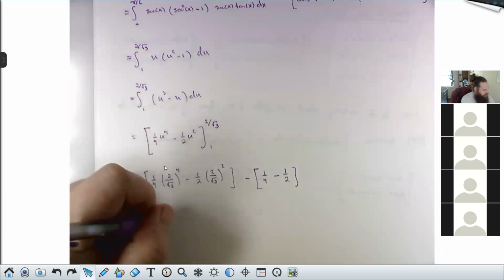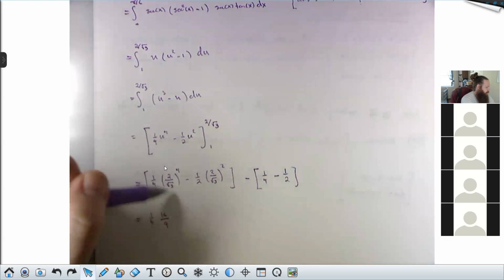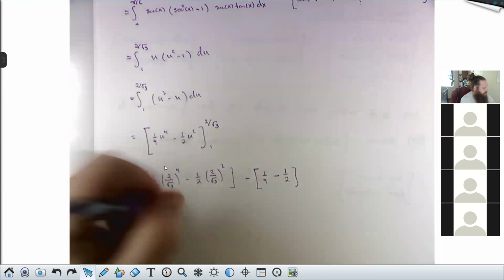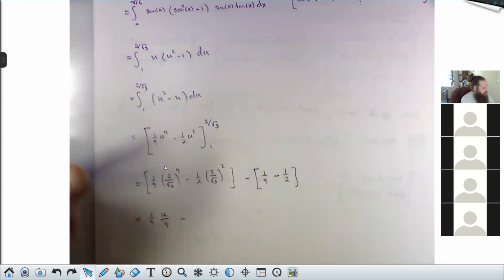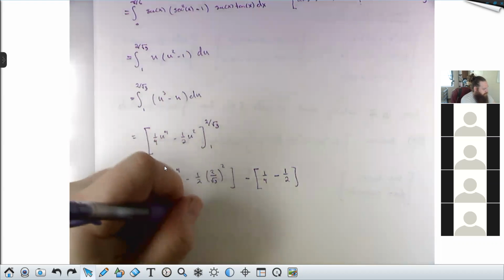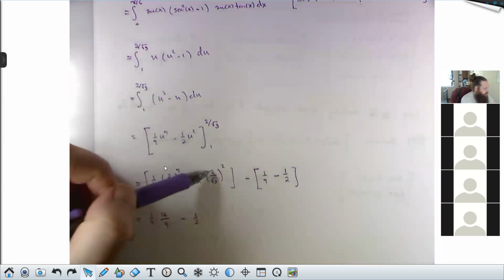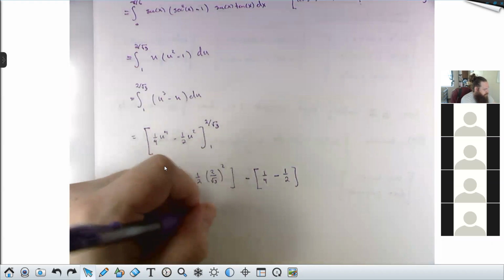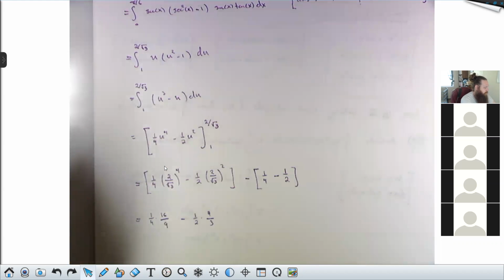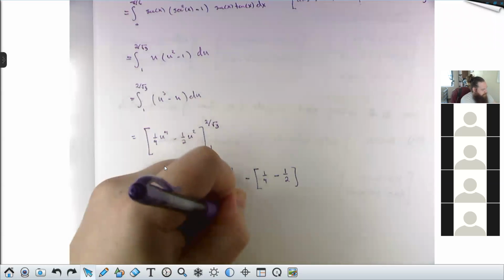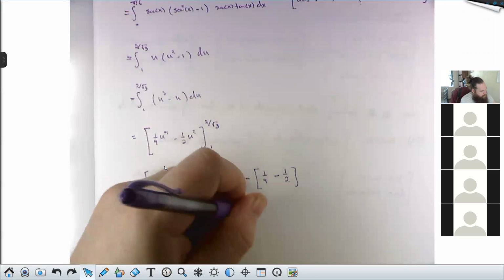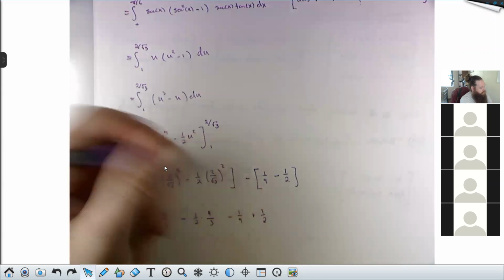It's 9. All right, it's the same as 3 to the 2, minus 1/2 times 2 squared is 4. Square root of 3 squared is 3. And then we've got a minus 1/4 and a plus 1/2 distributing this negative.